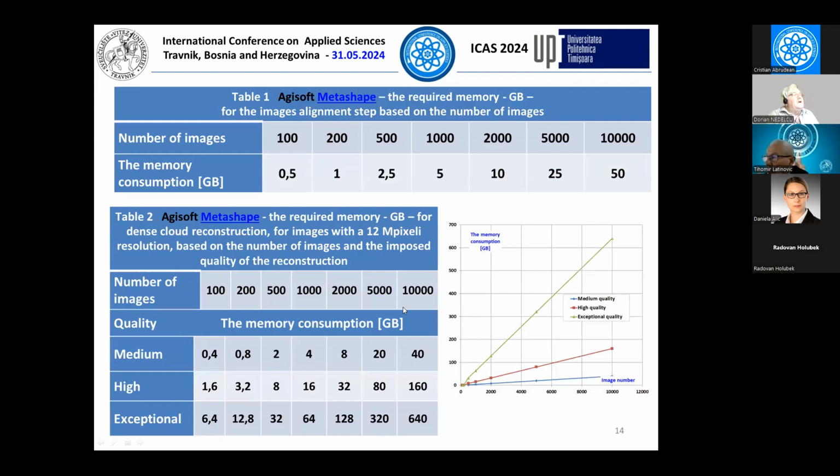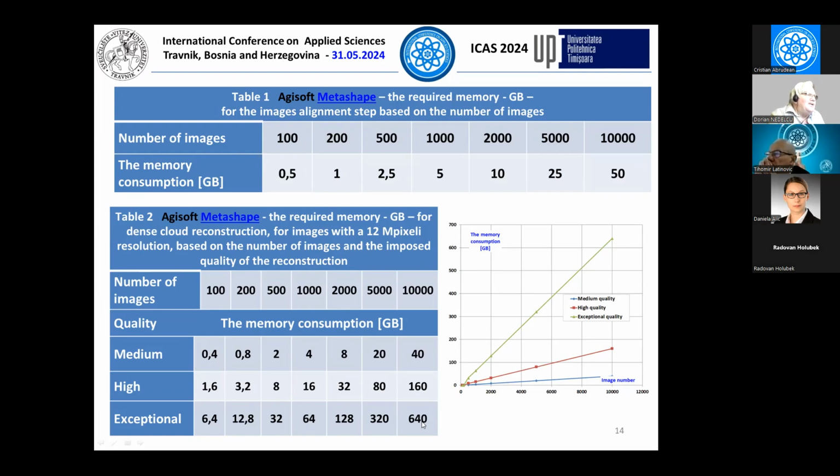For this last software, Agisoft Metashape, this is a chart with the required memory in gigabytes for processing the images. You can see that for exceptional quality and a number of images of 10,000, it requires 640 gigabytes of memory.